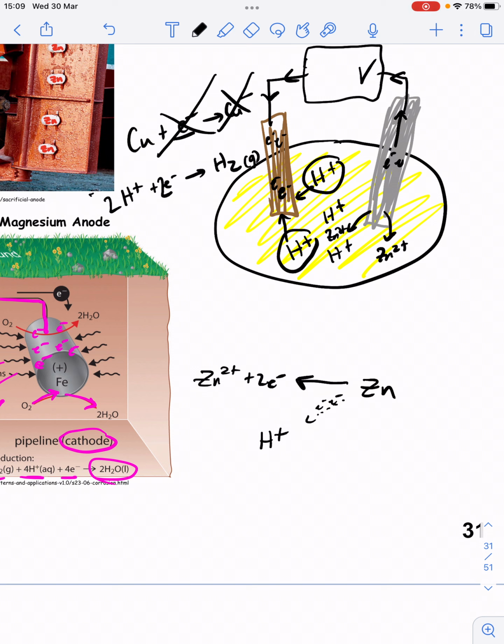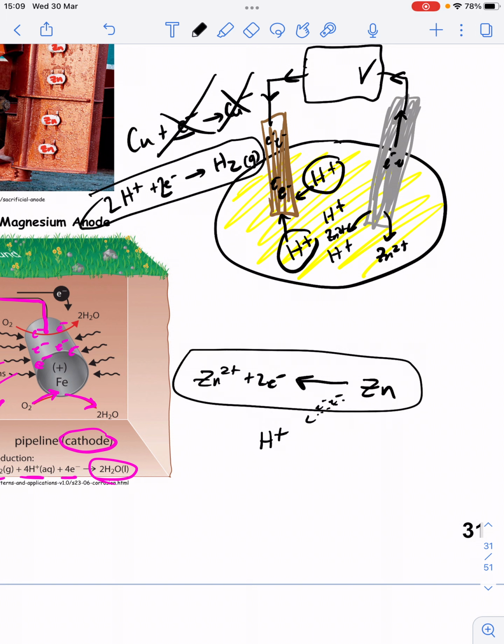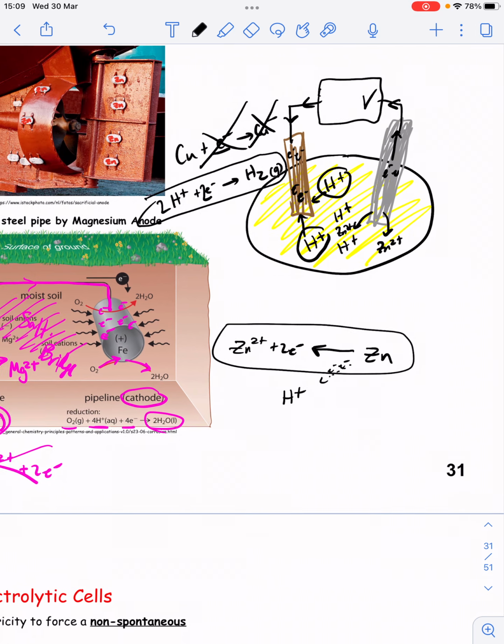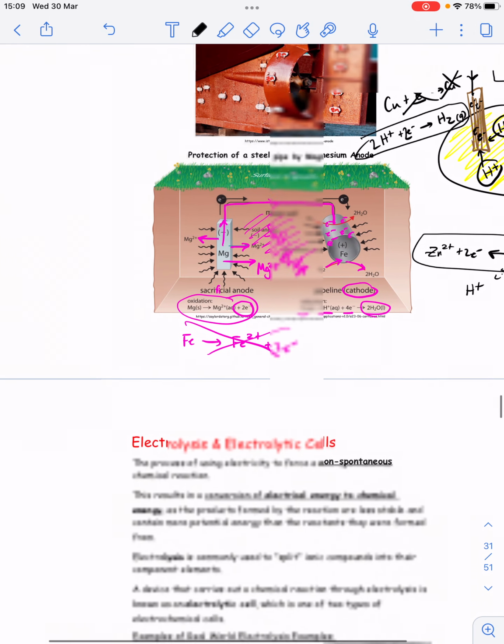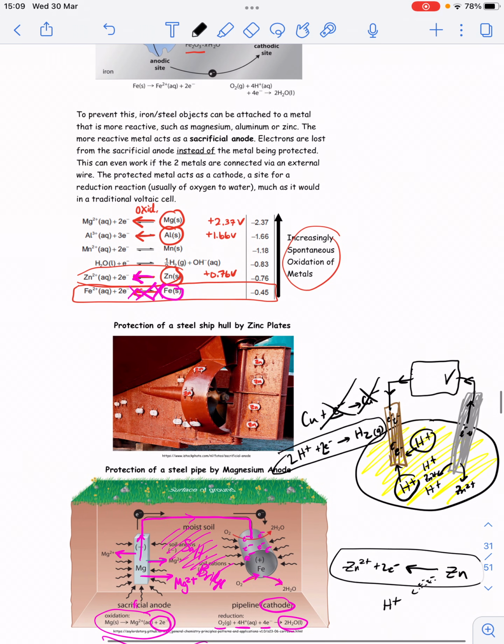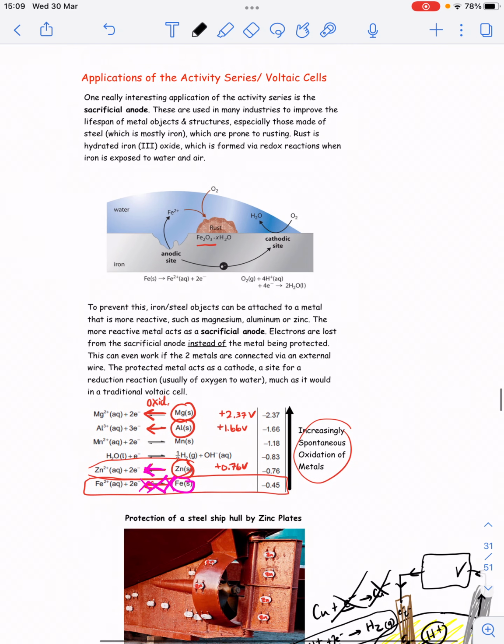So you've got your two half equations. At this electrode, we're making hydrogen gas, and at the other electrode, I've got zinc oxidizing to zinc ions. It's the same reaction that would occur if I put zinc straight into acid, but now the electrons are traveling through this external wire, and we can produce a voltage. So these are some interesting other applications of the activity series in Voltaic cells: sacrificial anode.